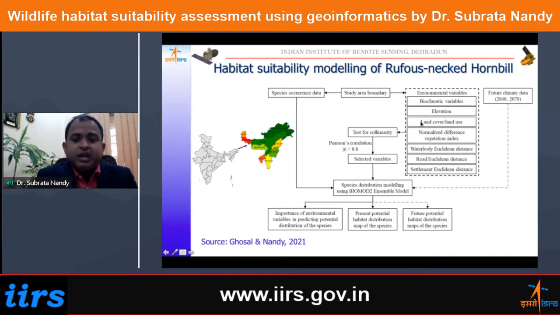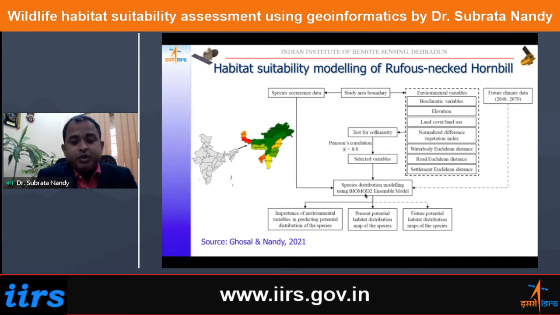Then we did a correlation test, so that if there is high correlation between 2 variables, we take one, and highly correlated variables were removed. I will show you the result of this also. Then the selected variables were used in a model called biomod 2, an ensemble model.